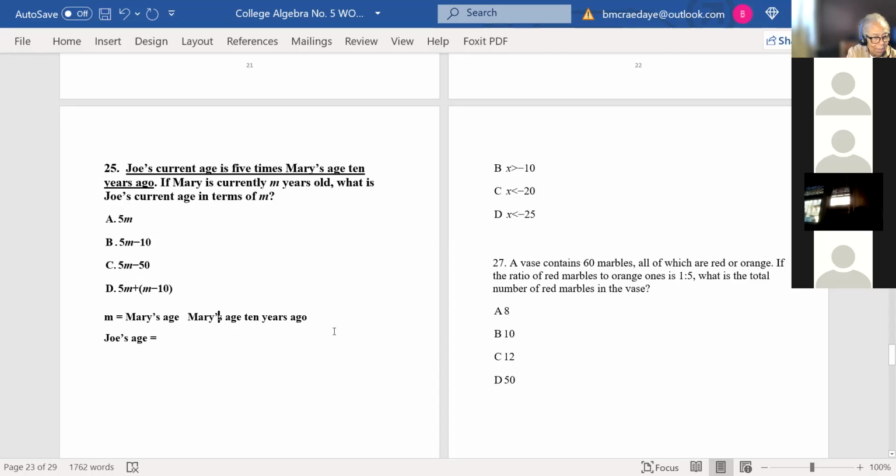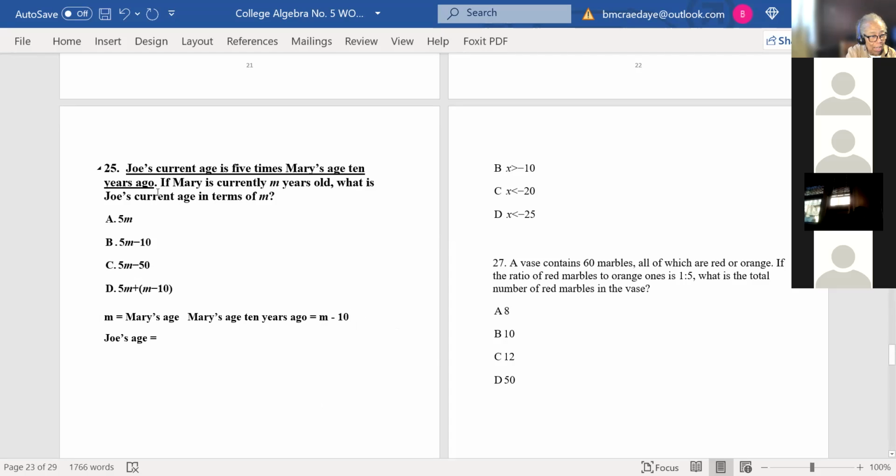So tell me what to write. Mary's age 10 years ago would be M what? Subtraction. Tell me the subtraction. Minus. Wonderful. 10. That's it. Mary's age 10 years ago would be Mary's age minus 10, right?